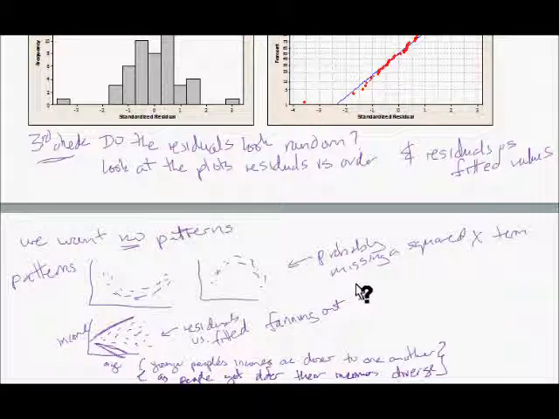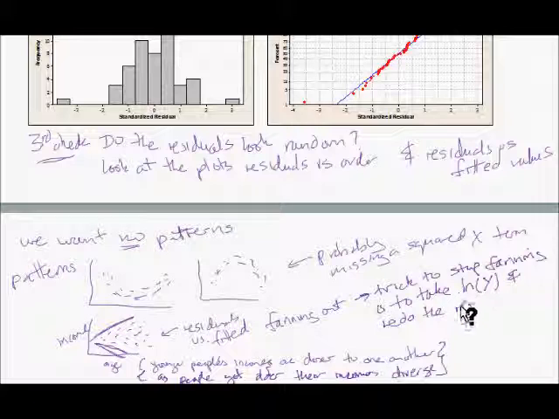So here, a trick to stop the fanning is to take the natural log of y and redo the regression. You can also take the square root of y, but natural log is the main one people do. So there's a log relationship.